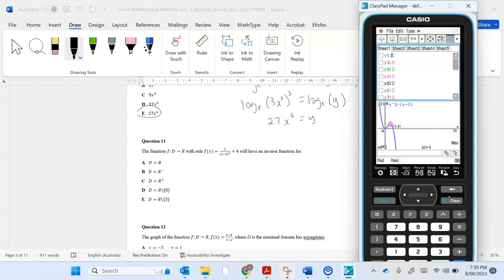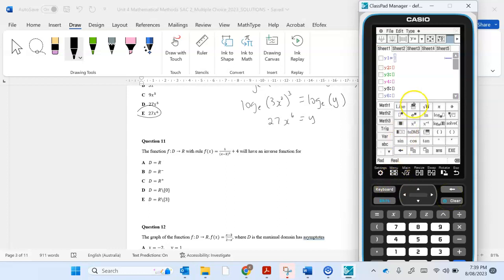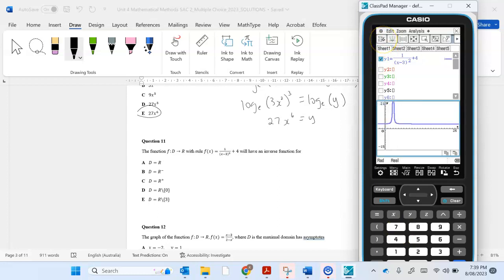All right, so we've got 1 on (x minus 3) squared plus 4. So we can see there's an asymptote at x equals 3 and a horizontal asymptote at y equals 4. So this is a bit of a trick question.